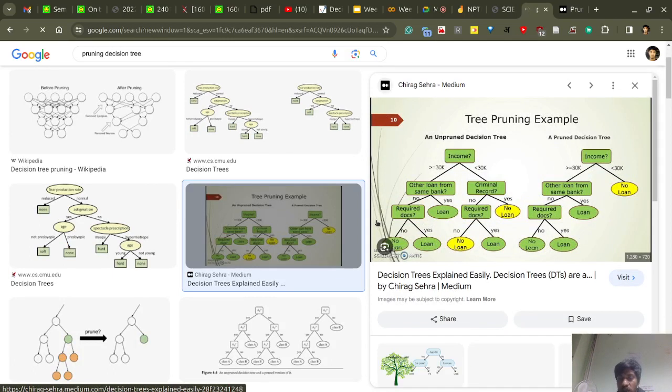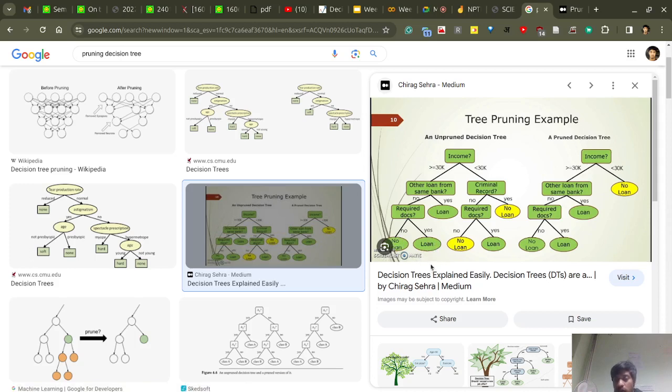So basically what we do here is we check from the leaf nodes. Let's check if we remove these two nodes and just keep it here. Suppose there are 5 instances and say 3 yes here.